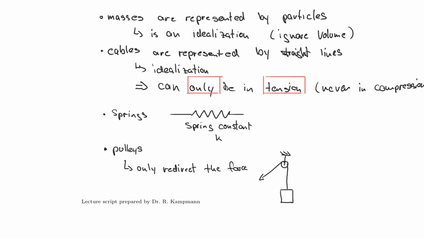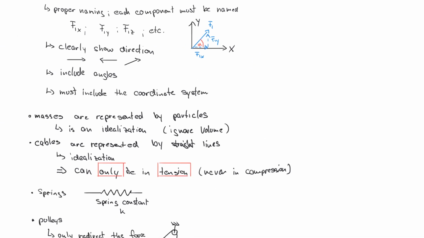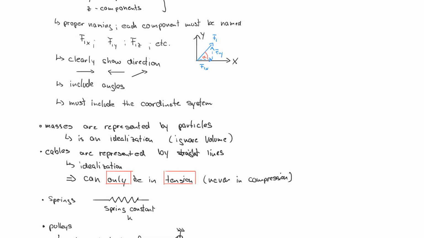Now let's, just for completeness reasons, draw a proper free body diagram of all these conditions. I'm going to leave the springs and the pulleys out, but let's just draw a force system that is, let's say, a force going in this direction and a force going in that direction.